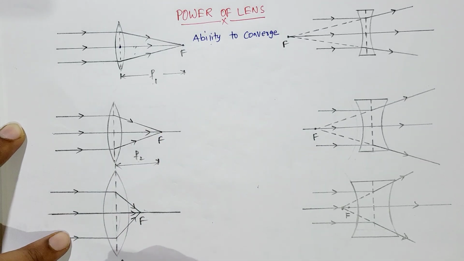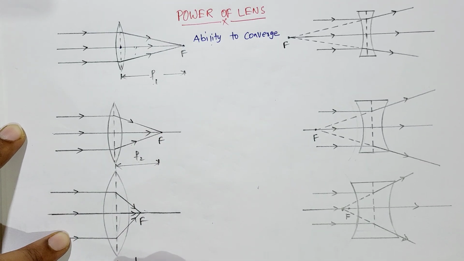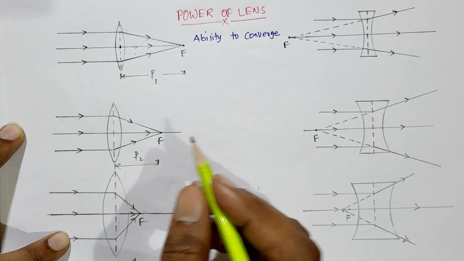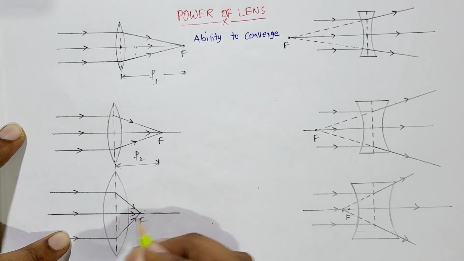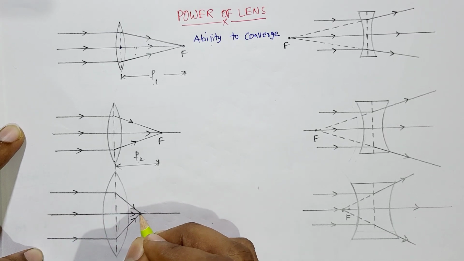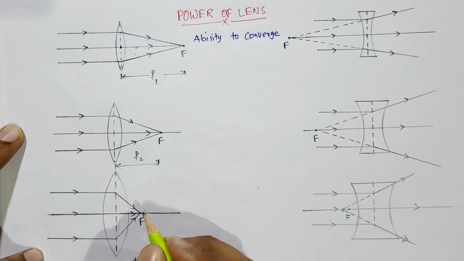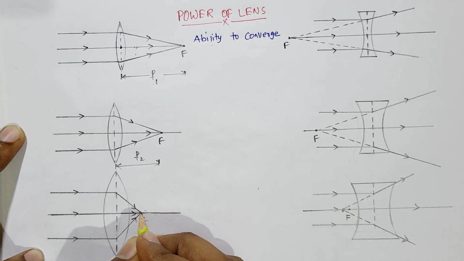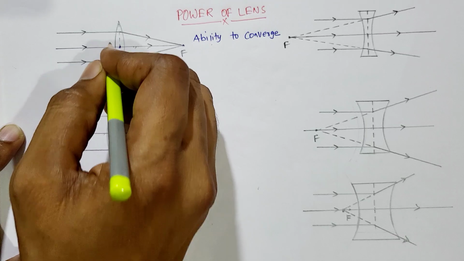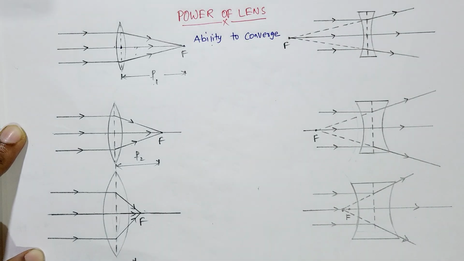Look at this lens now. This lens has still more ability to converge the parallel beam of light rays to a point. So all these parallel light rays are converged at a point very close to the optical center of the lens. So this has more ability, this has less ability, this has still less ability.